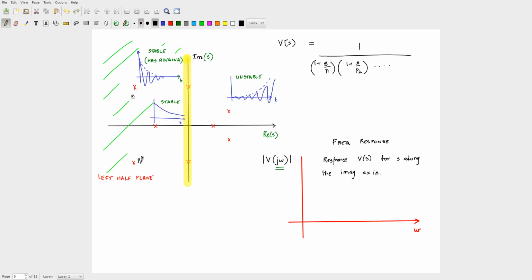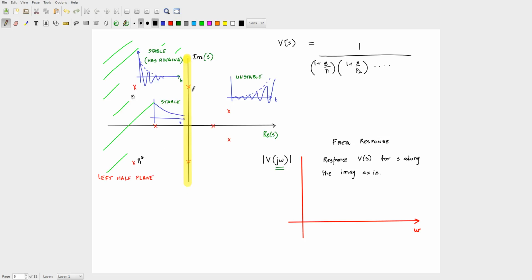What's a pole? A pole is something that causes V of S to go to infinity, correct? In the frequency response, P1 and P1 star will not give you anything that goes to infinity, because you are not really on that line. You are looking at the response for S equal to j omega.